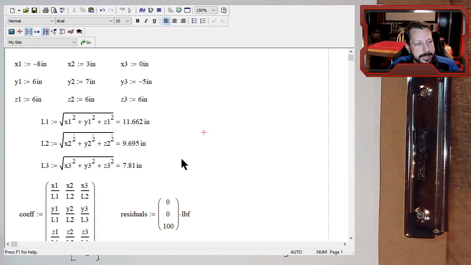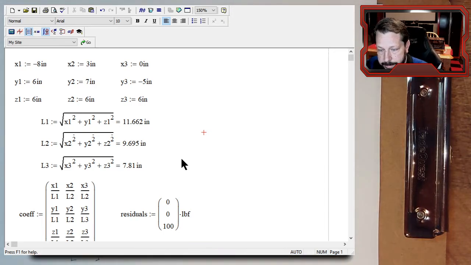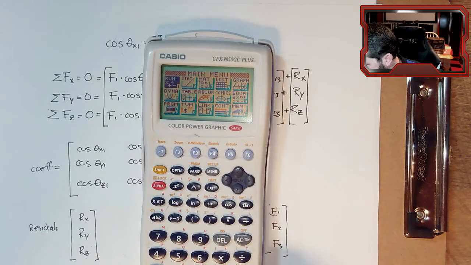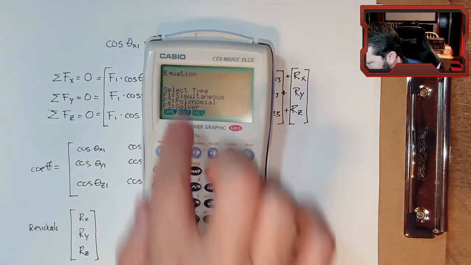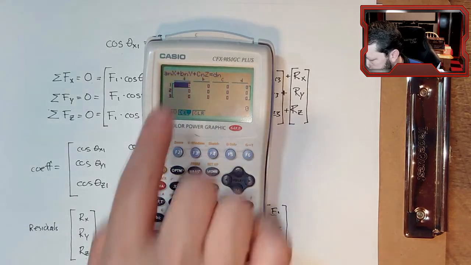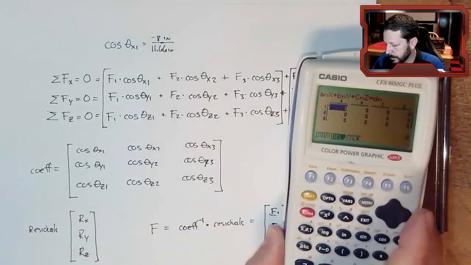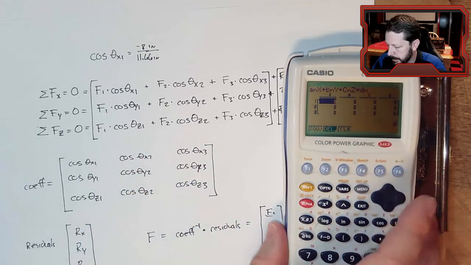There we go. This is one way to solve matrices. Depending on what calculator you have, I have this one. It has a built-in equation solver over here, and you want to solve simultaneous equations with 3 variables, and it even asks for it. It looks like a matrices, so it's very similar to just doing the same thing, putting the coefficients in, putting the residuals in.